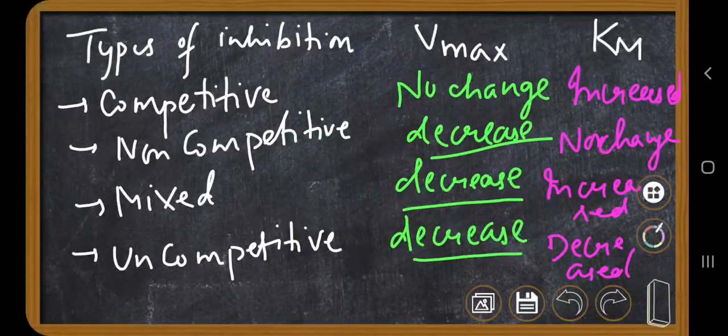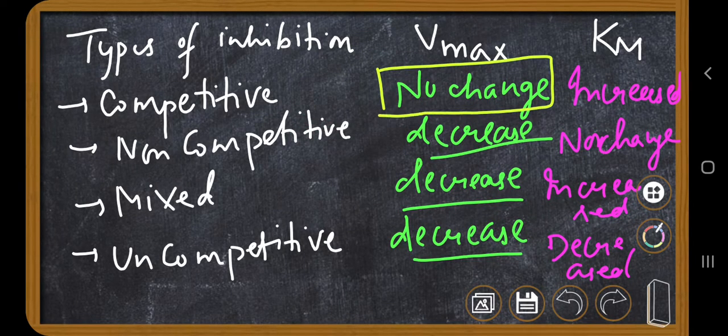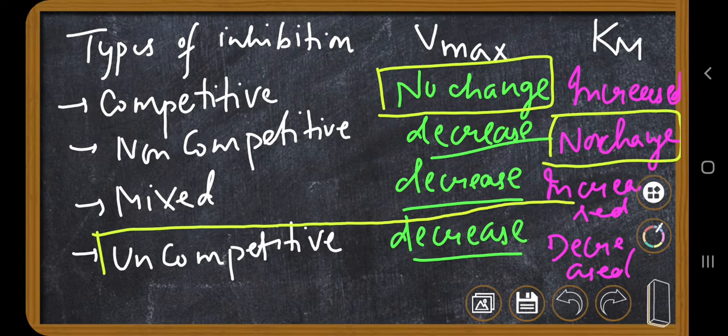So very easy now that the Vmax value will have no change during competitive, and in the rest of the cases it is going to be decreased. And in the second case, that is of Km, no change is seen only in non-competitive inhibition, and in the rest of the scenarios it is going to have a change, and out of that also the uncompetitive one is going to follow the criteria where both the values are going to be decreased.